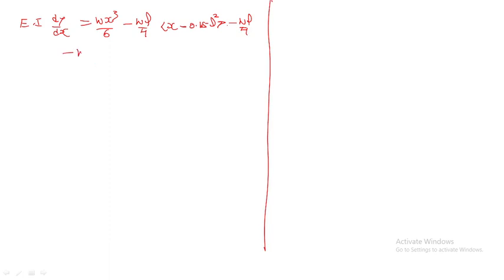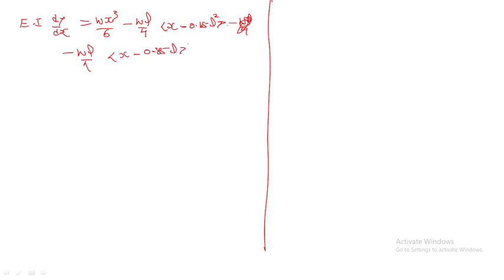I will write here EI dy/dx equals Wx³/6 minus WL/4 ⟨x − 0.15L⟩² minus WL/4 ⟨x − 0.85L⟩², and plus C1.